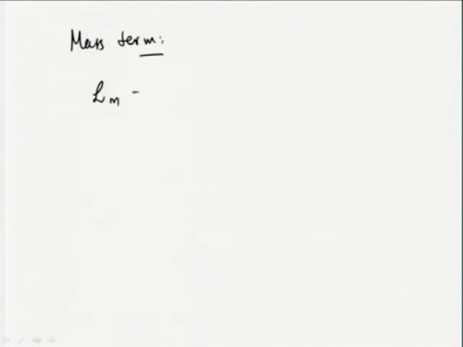L mass, what do I have? I have to have a term psi L bar m psi L. Why should I club psi L bar with psi L? It is because that is the only way to do it with SU2 gauge invariance, because psi L transforms in a way which will be cancelled by psi L bar. Okay. So, this is fine, but let me write down the other terms you can have.